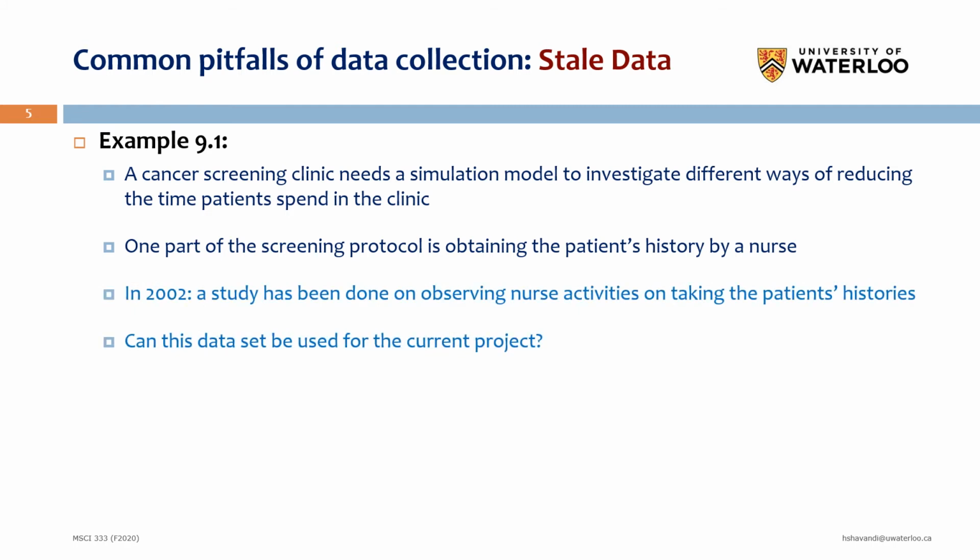In the archive, we have a study that was done in 2002, and we have the recorded data on the time of doing that task. So can this data set be used for the current project now? That's the question, right?